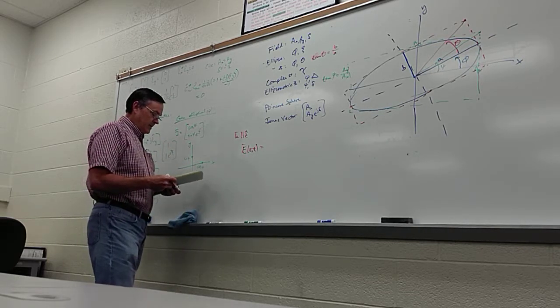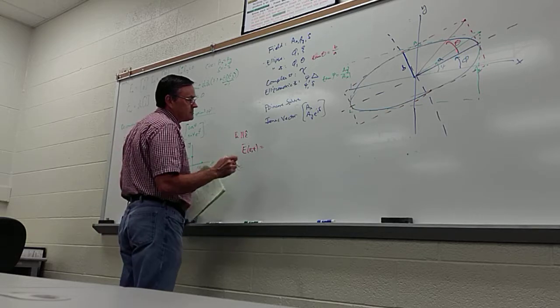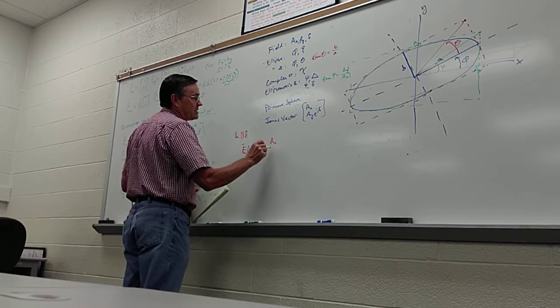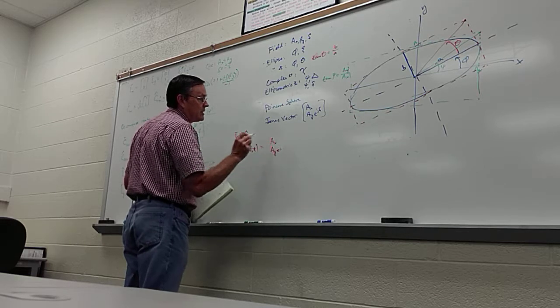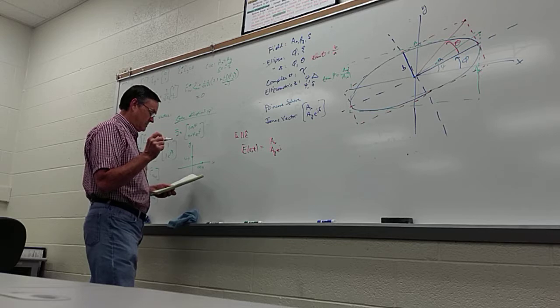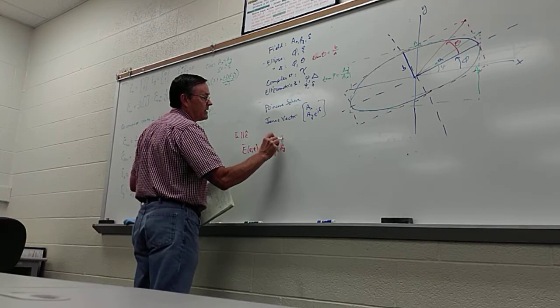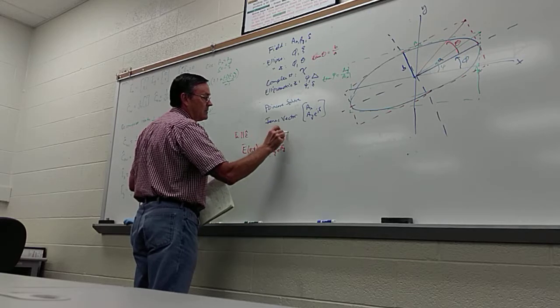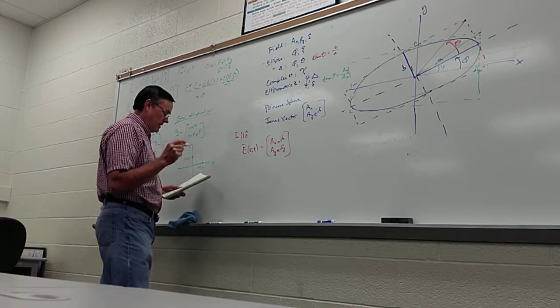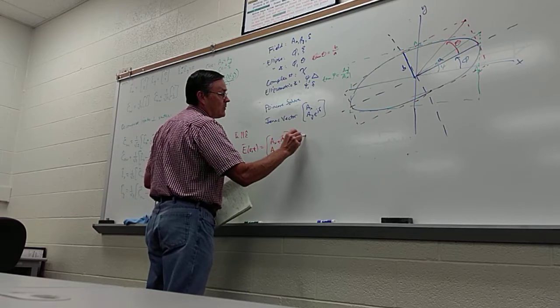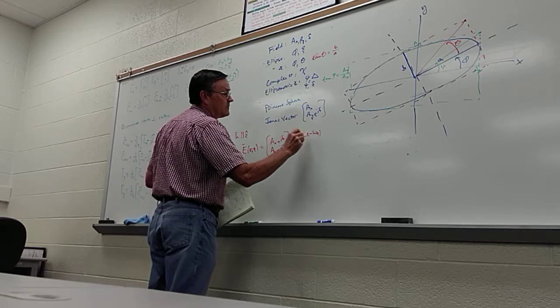Then we can write that as, let's say, ax, ay, e to the j delta y, e to the j delta x there. And then we have e to the j omega t minus kz.